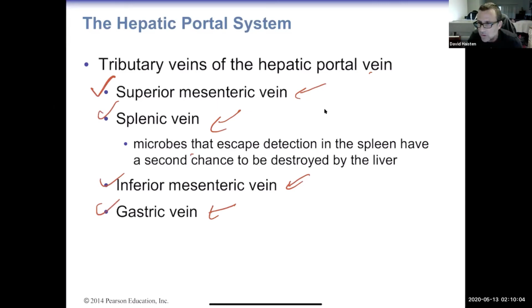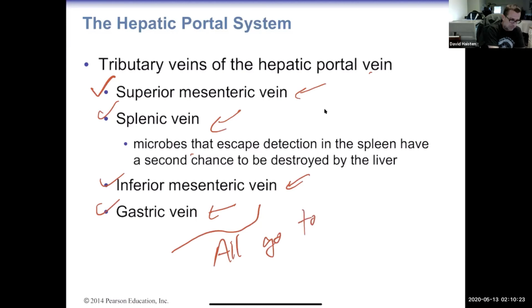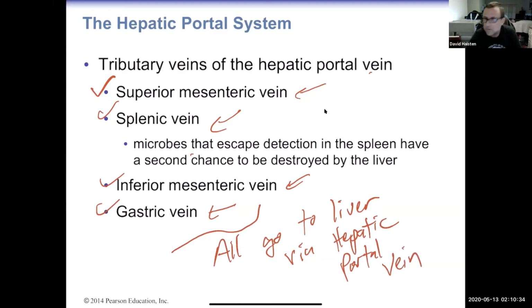So we all have arteries going out to all that stuff, and now we have veins. But they aren't going to come back and just jump into the inferior vena cava. They're going to have to go via the hepatic portal vein to the liver. They will not go to the vena cava.